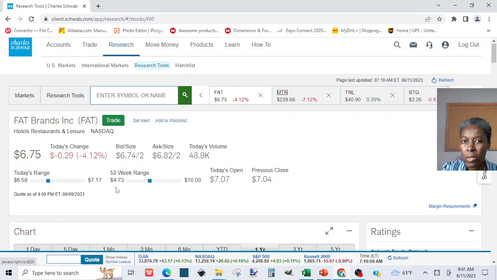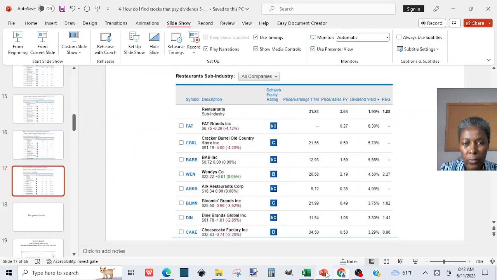I don't know if that's OTC, over the counter ones, but most of them, usually they do not charge you to buy or sell stocks. So even if you have $50 to invest, you put it in your account. When you are ready to invest, you find a stock that is on the low side price wise and passes all your criteria, you buy some. Okay, so now let's move to the next one, which is CBRL.